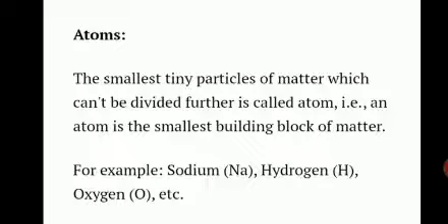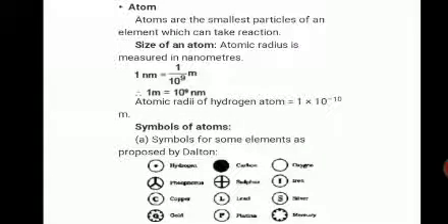The size of the atom is indicated by its radius. Since atoms are very small in size, the size of the atom is taken in terms of atomic radius. The size of an atom is indicated by its radius, which we call the atomic radius.